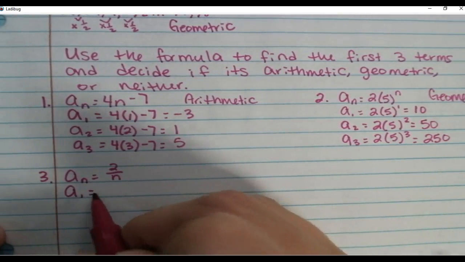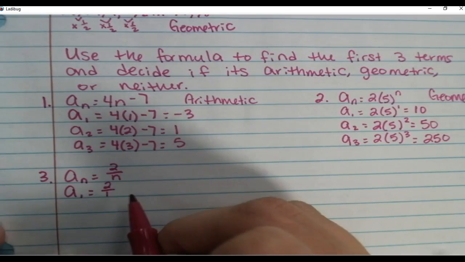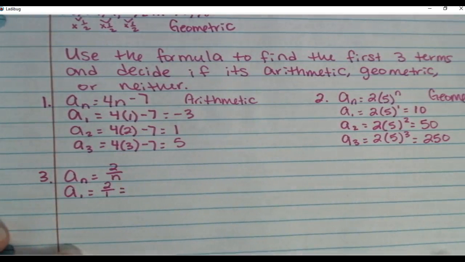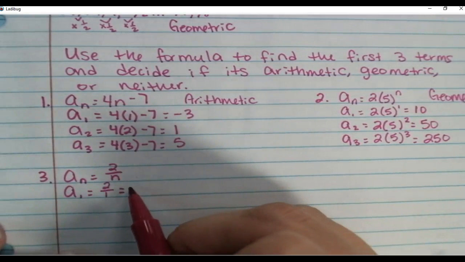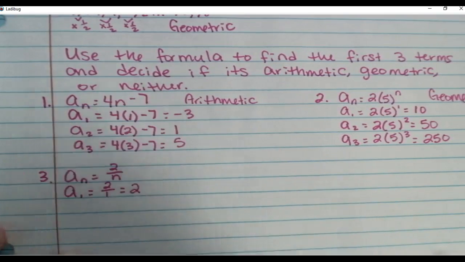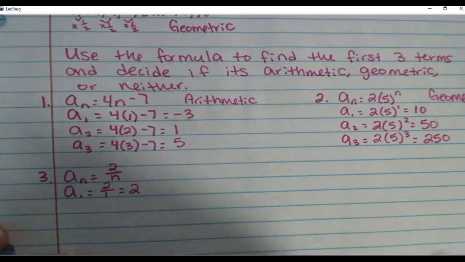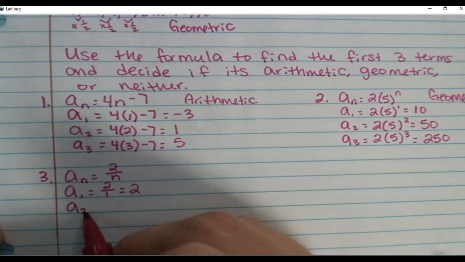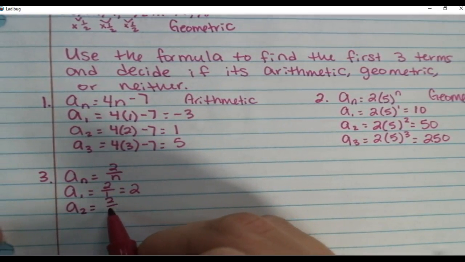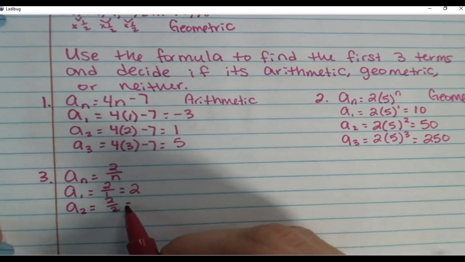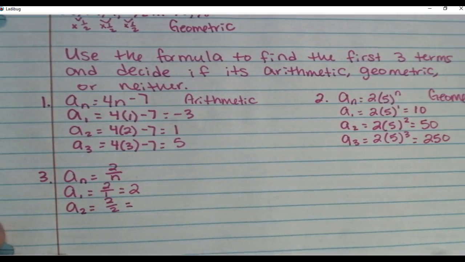So a sub 1 would just be 2 divided by 1, which is what? 2. Good. So then we want the second term, so a sub 2. So 2 divided by 2 is what?